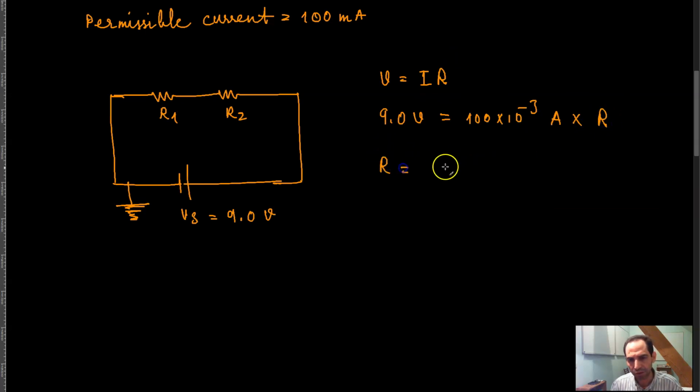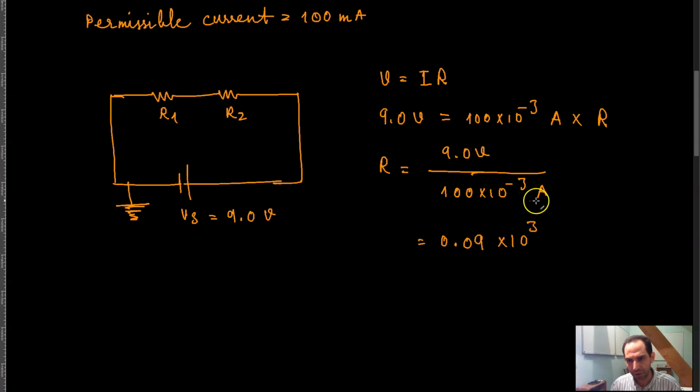So your resistance would be 9.0 volts divided by 100 times 10 raised to the power negative 3 amps, which is the same thing as 0.09 times 10 raised to the power 3, or 90 times 10 ohms, basically ohms.